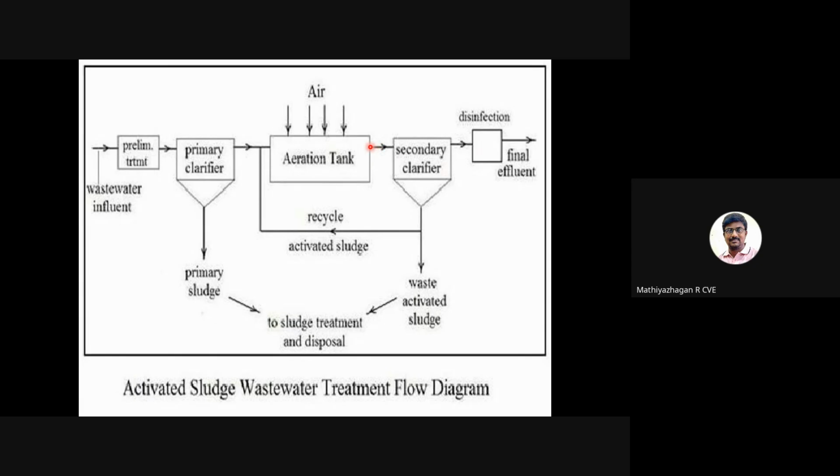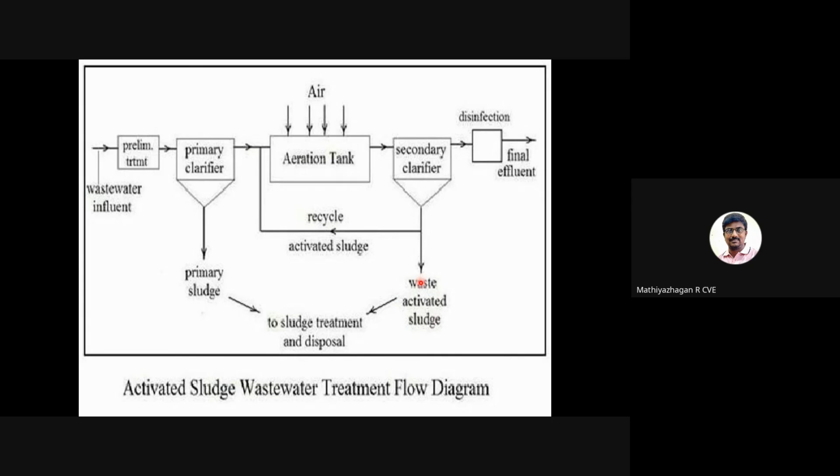Then the active biomass is settled down in the secondary clarifier. A part of the active biomass is returned back to the aeration tank to maintain the F/M ratio as well as the MLSS concentration, and the excess part is wasted.